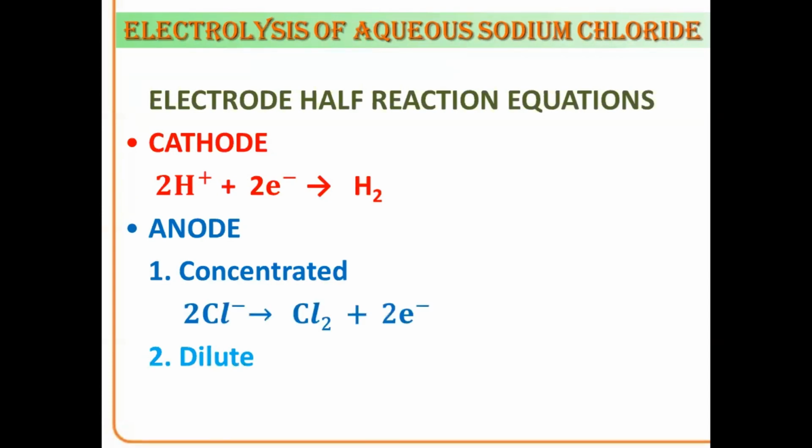Now, for concentrated, as we have said, it is the chloride ions that are discharged. Therefore, we are going to form Cl2, and 2 electrons are going to be lost, an oxidation reaction. When it's dilute, we are just taking the standard form where the hydroxide is discharged, and then we form water, oxygen, and electrons are lost.